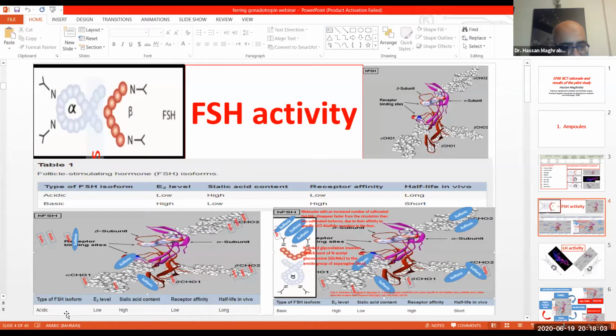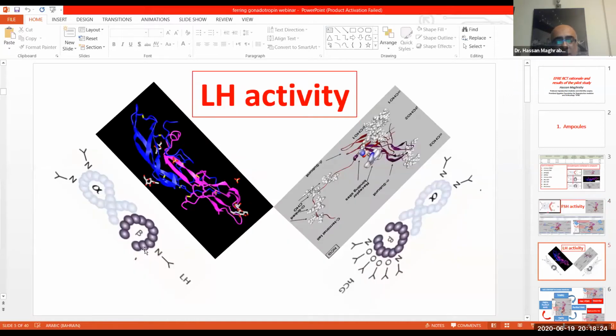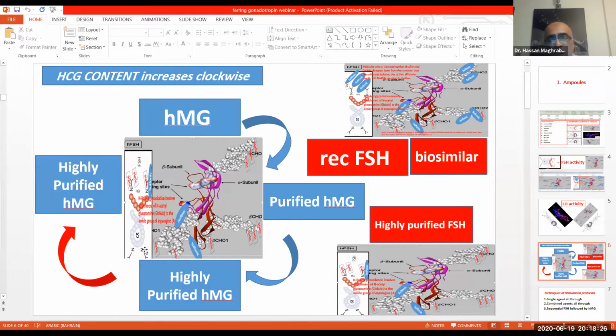The acidic FSH has a long half-life, lower E2 concentration and low receptor affinity, whereas the basic form has a low sialic acid content and high receptor affinity, and it has a short life. The acidic isoform is present in urinary HMGs, whereas the basic isoform is present in the recombinant FSH.